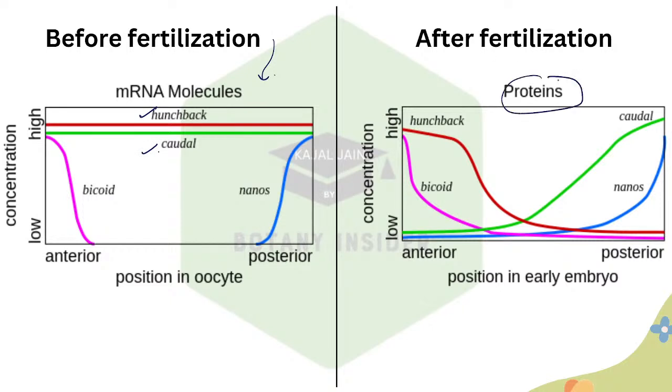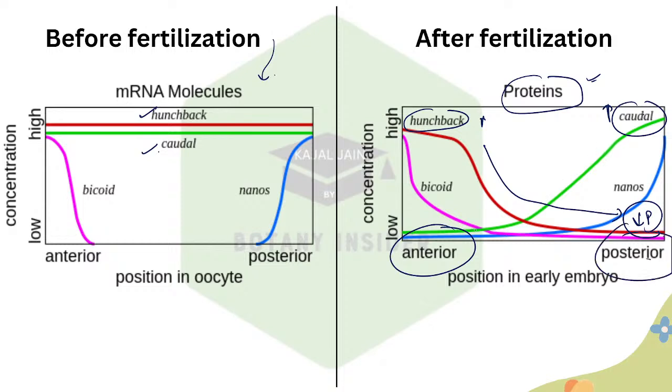As the fertilization occurs, you'll see a higher concentration of the hunchback on the anterior side and the concentration on the posterior side decreases. On the other hand, you have the caudal concentration higher on the posterior side and it decreases on the anterior side. So this is the main concept behind the anterior posterior axis formation.